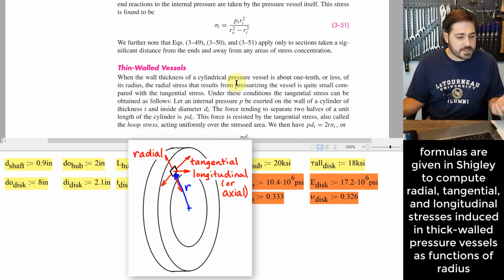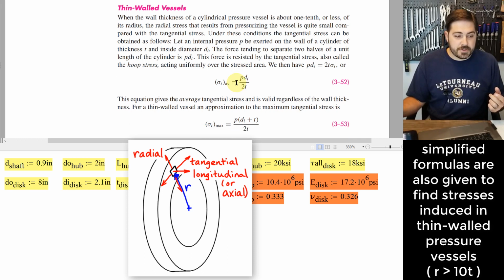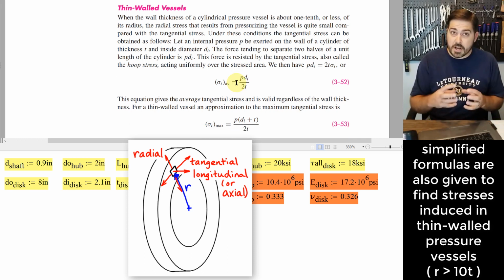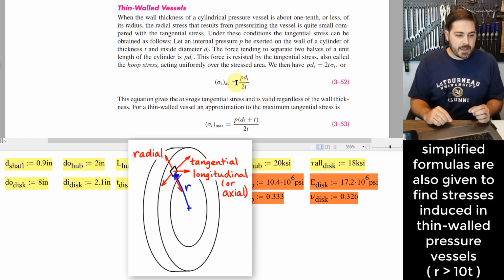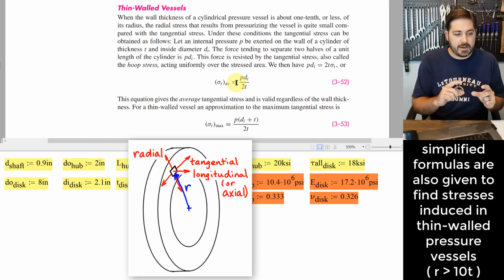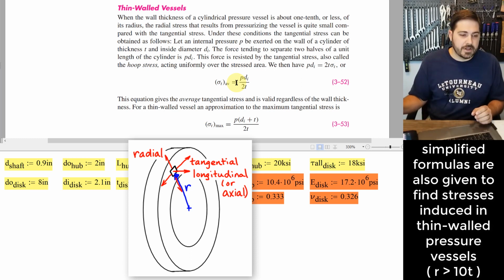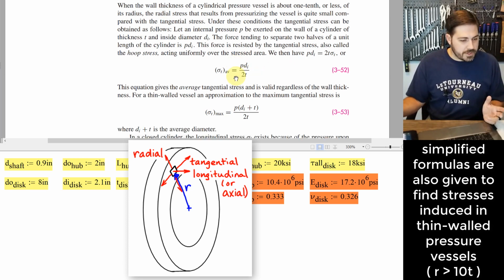I've been using this phrase thick-walled cylinder a lot because some cylinders have a thin enough wall that the stress distribution is relatively constant across the wall, and when that happens, you can simplify these equations down. Where that transition happens, they give a little guideline here that when the thickness of the wall is about 1/10 or less of the radius, then you can transition into using one of these thin-walled pressure vessel kind of equations, and those are listed out there.